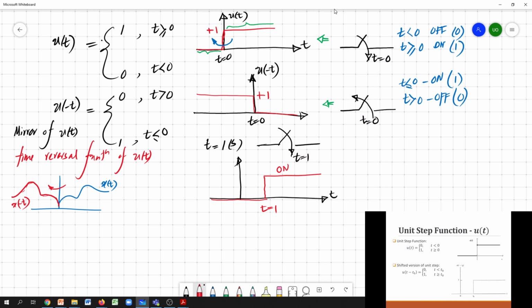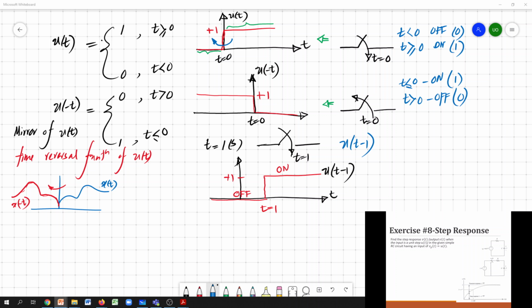So here it's off, here it's on. We can represent this using the unit step u(t minus 1). So rather than having this kind of a switch, you can replace the switch with the shifted unit step. This is the shifted version of the original unit step by 1 unit. Likewise, you can adjust your unit step function according to the situation.